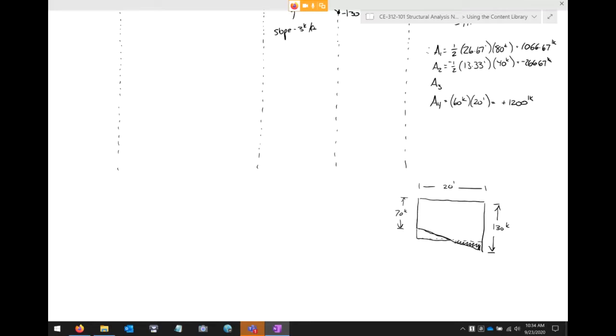But you can do it however you want. So if you take 70 plus 130 over 2 and then multiply that by 20, that works. Did I do that too fast? Does that make sense? Just the area of a trapezoid? You're right. And that comes out to minus 2,000.